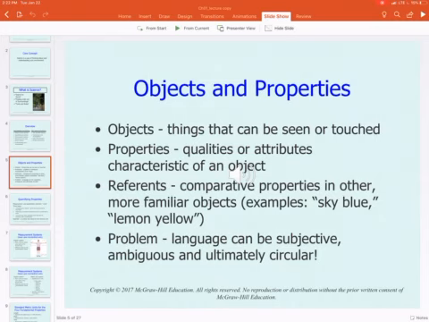I tried it and I had technical issues, so that's why I'm doing it this way. So objects are things that we can see and touch, and then properties are just things that we can use to describe those objects. So for instance, if we said that something was blue, or if it was pointy, we're giving it some kind of property.